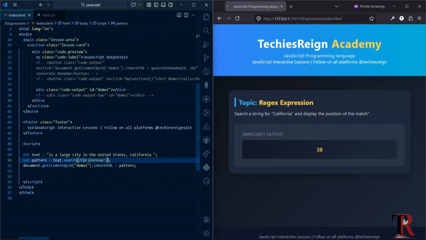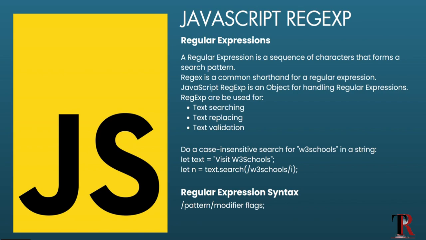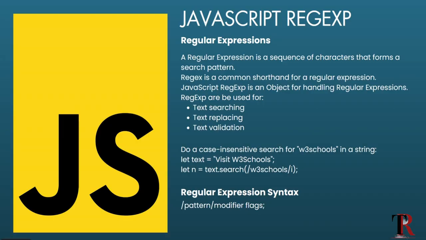I'll revert this back so that I can get the correct position. It always follows this same pattern: slash, pattern, slash, modifier tags. That means what you want to search for, and then the modifier tag is either the i for working with case sensitivity, or you want to put another regex expression as part of the search pattern.